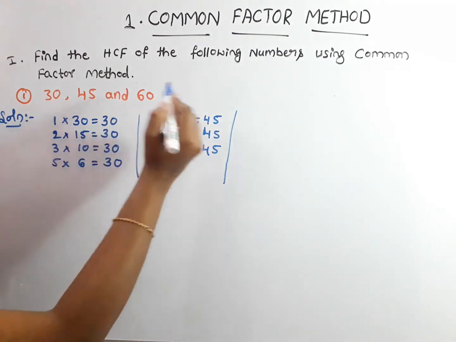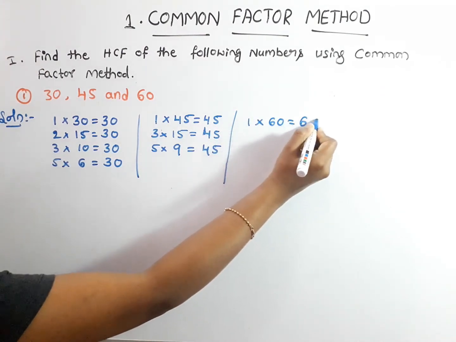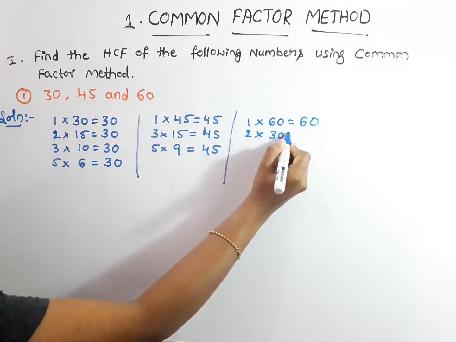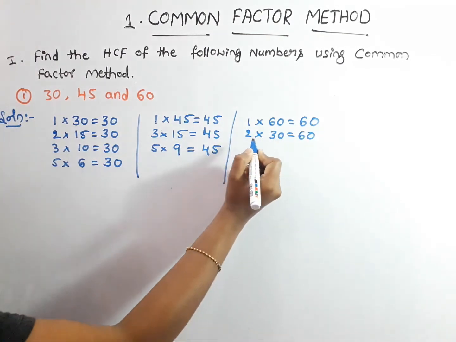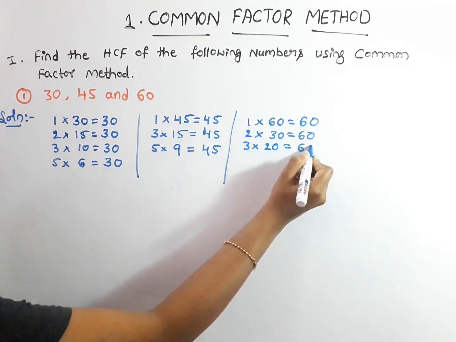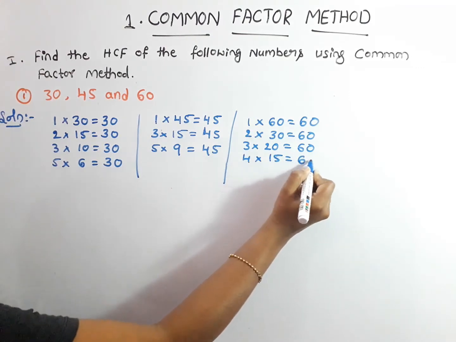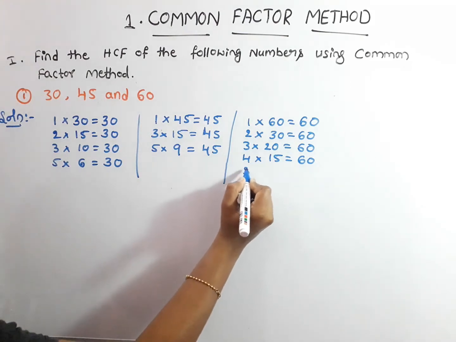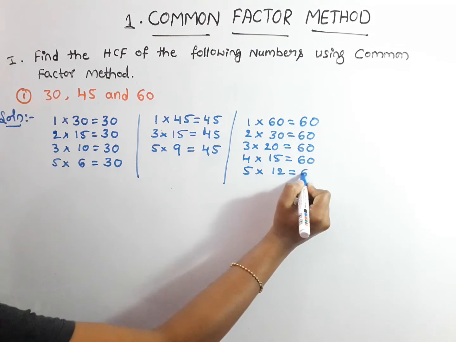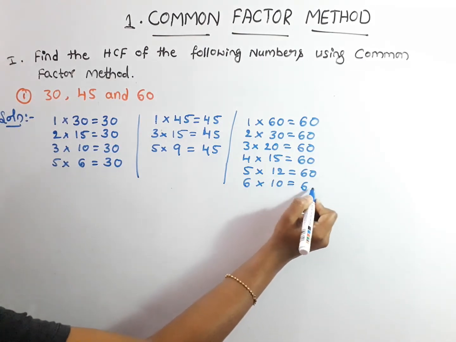Then write the factors of 60. So 1 times 60 is 60. Then 2 times 30 is 60. Then 3 times 20 is 60. 4 times 15 is 60. 5 times 12 is 60. 6 times 10 is 60.